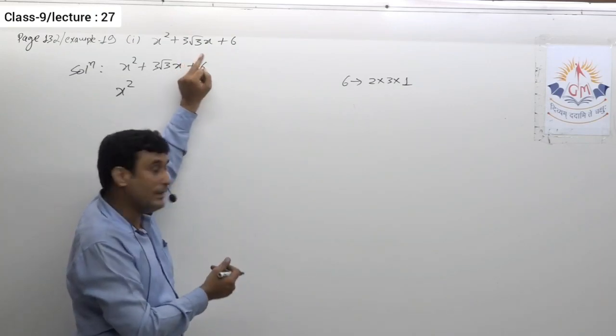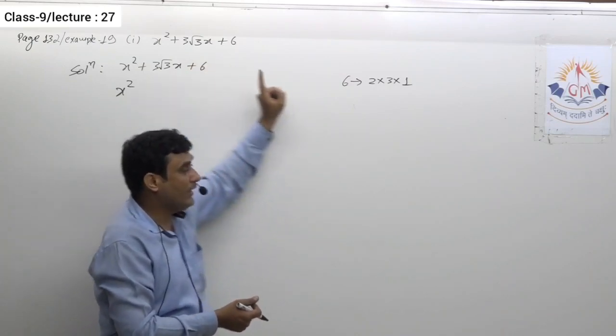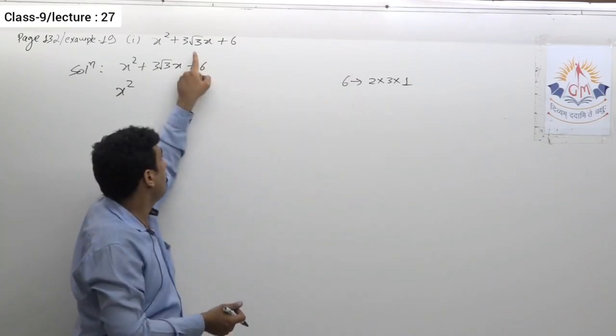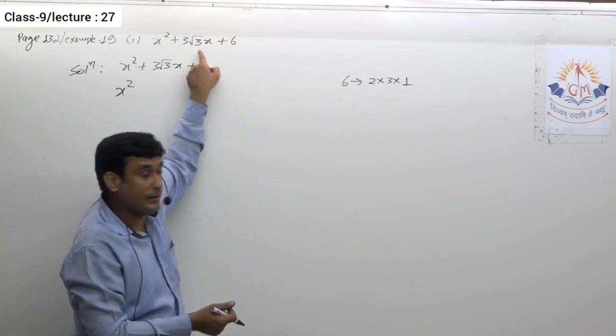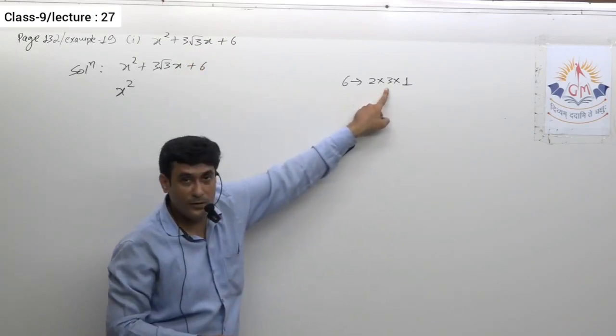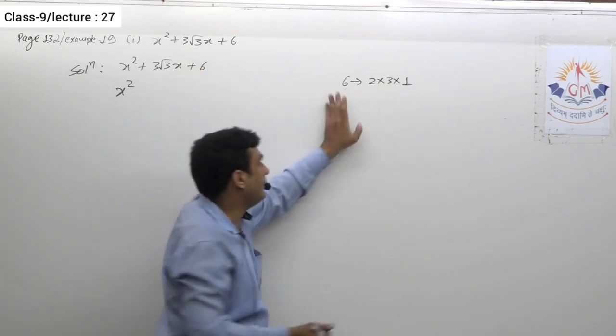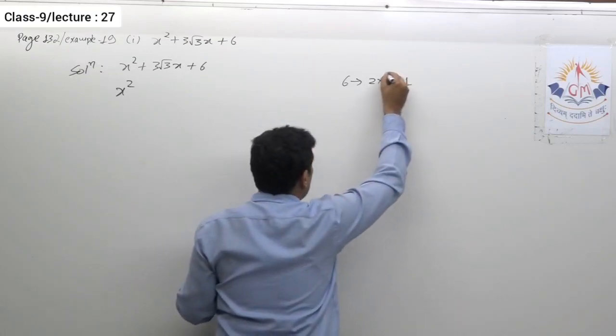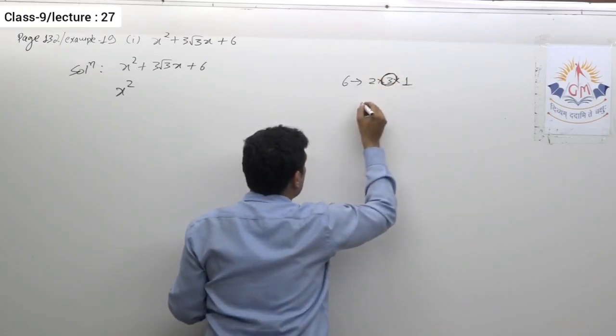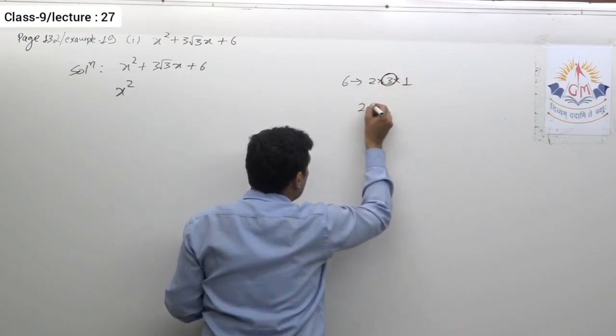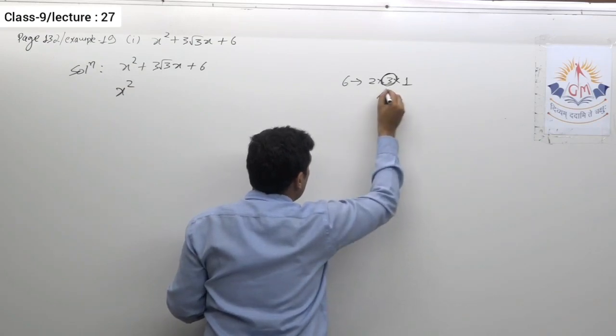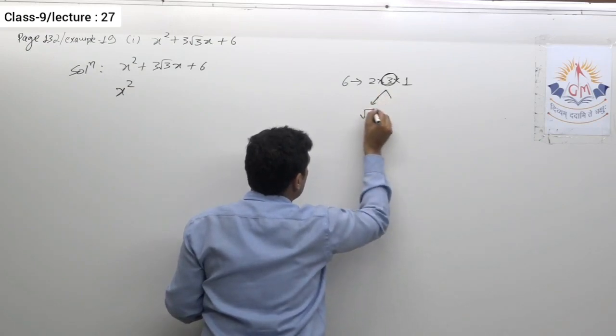If root 5 is there, definitely there will be a 5 among the factors. As over here root 3 is there, we can see there is a factor containing 3. So circle this and distribute this 3 into further factors like root 3 and root 3.